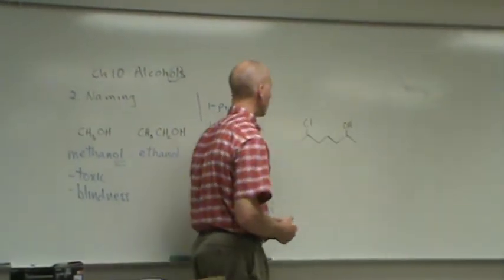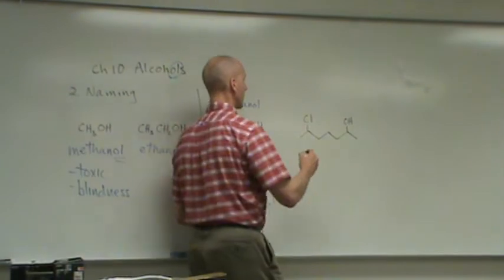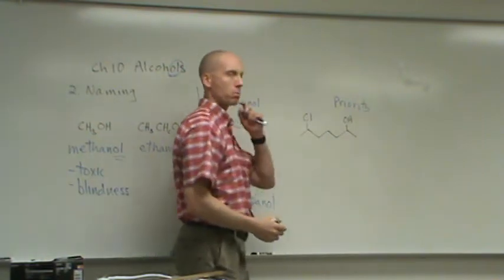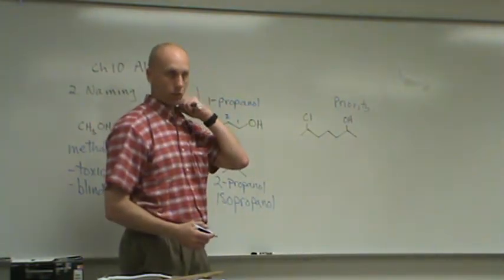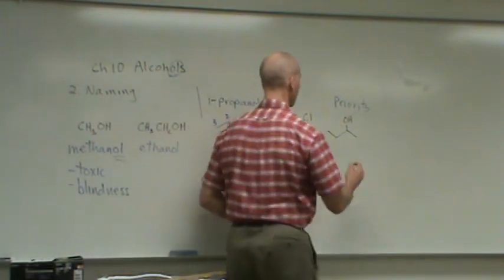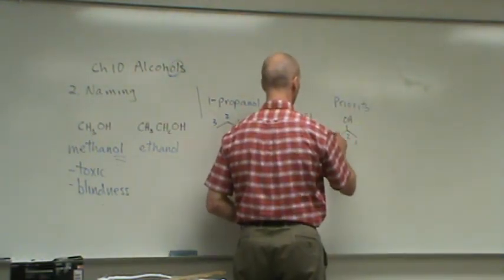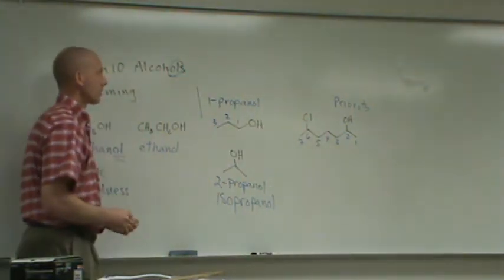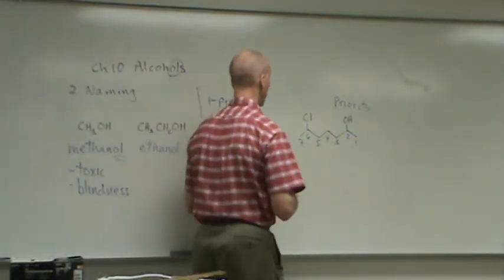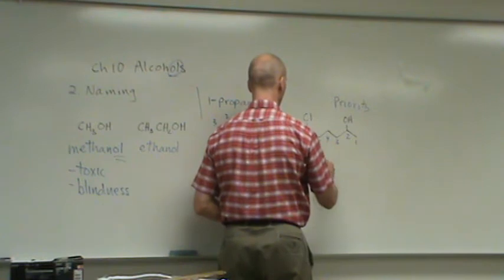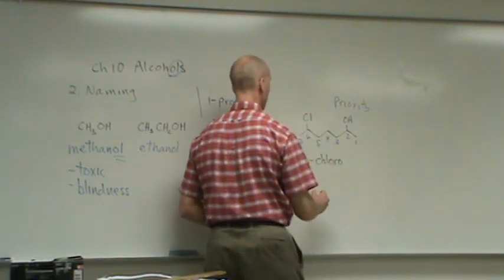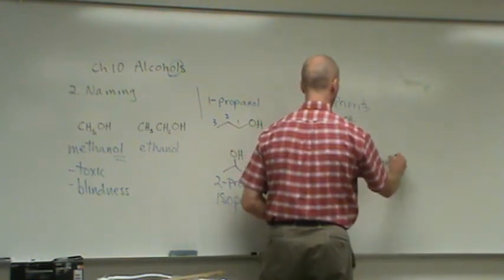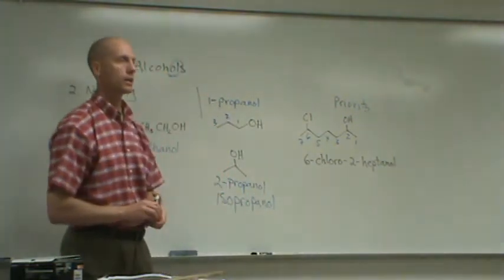Okay, over here, what we start finding out is that the OH has priority with it. So that tells you what? I'm going to number at the end closest to it. So now the chlorine is 6. So we have 6-chloro-2-heptanol.